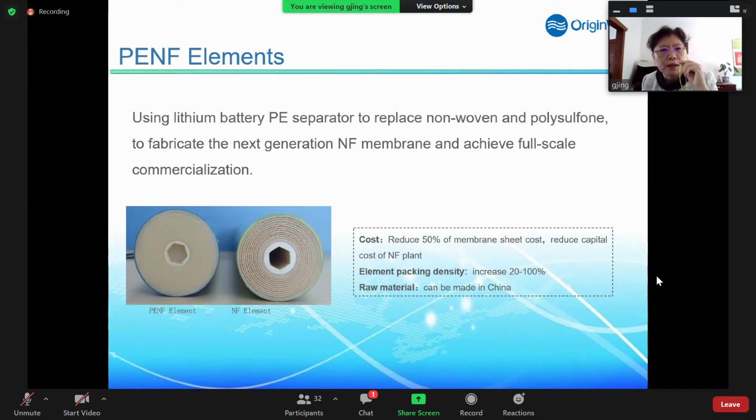Here is the PENF element compared with the normal nanofiltration element. The cost is reduced to 50%, and the packing density increases. Most important, we can make that material almost everywhere in the world.